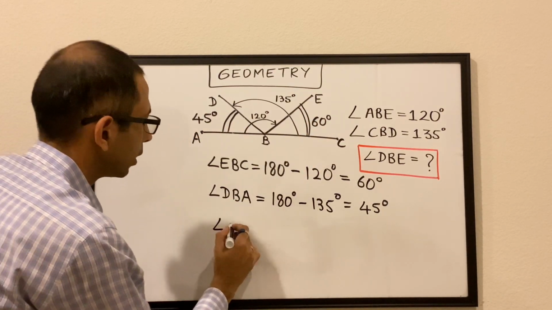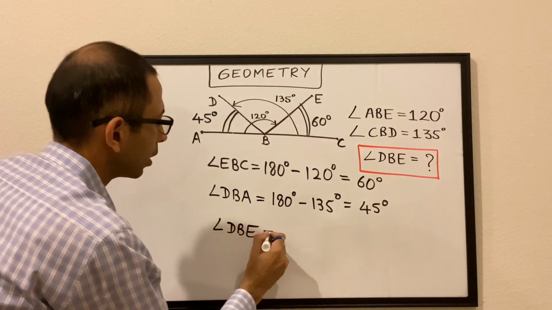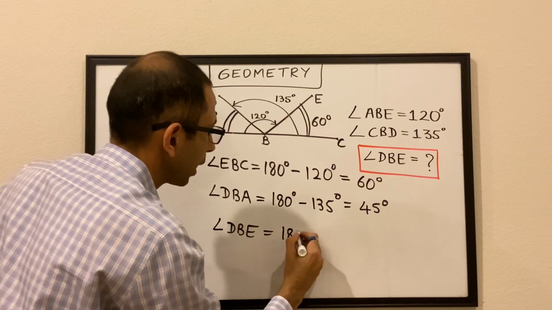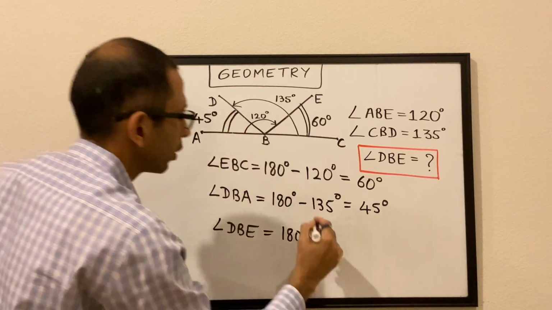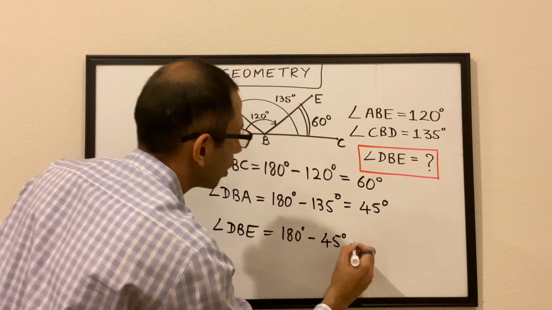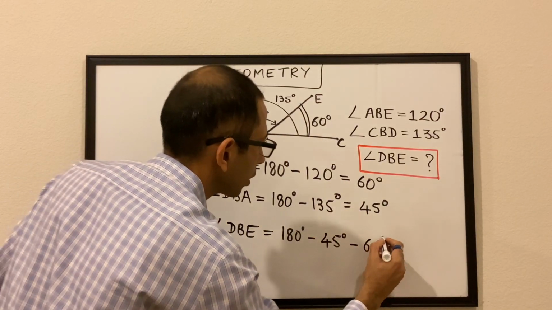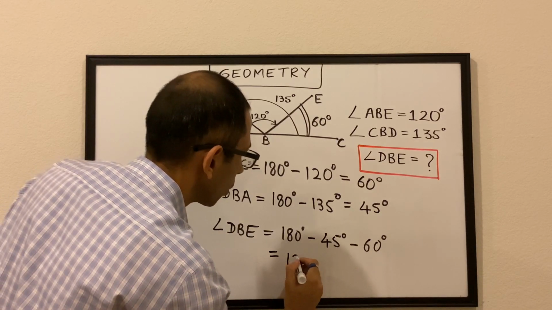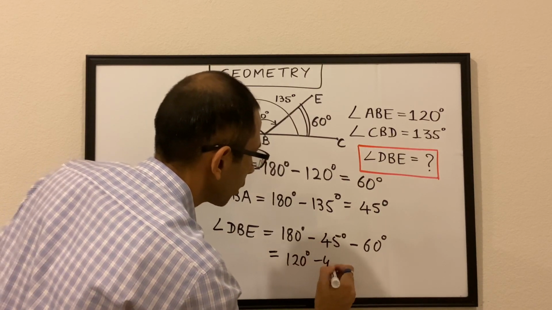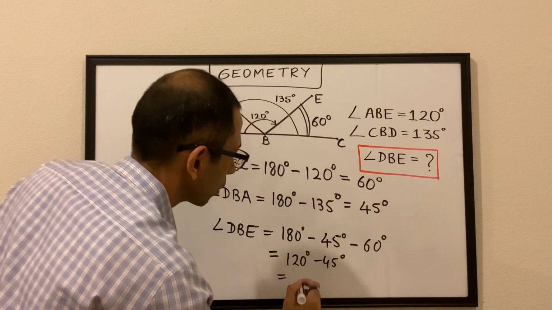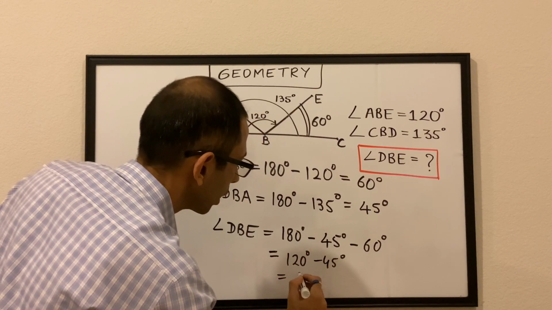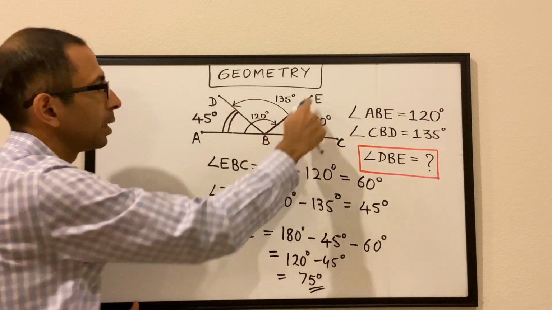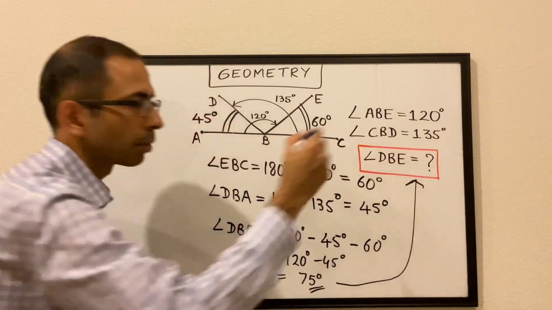So angle DBE, which is what we have to find, this middle angle, will be equal to 180 degrees minus 45 degrees minus 60 degrees, which is equal to 120 degrees minus 45 degrees, which is nothing but equal to 75 degrees. So the middle angle, angle DBE, is equal to 75 degrees.